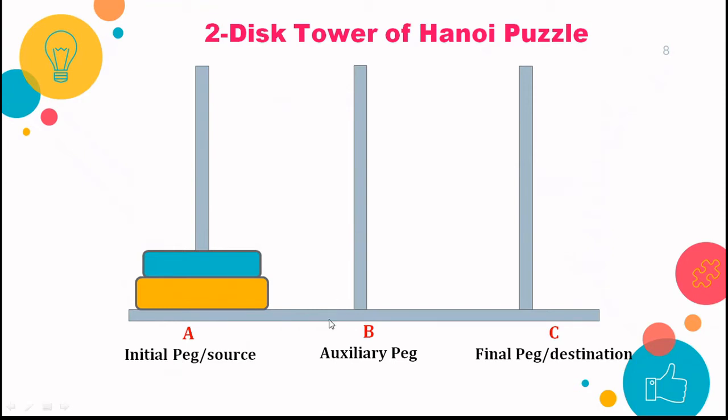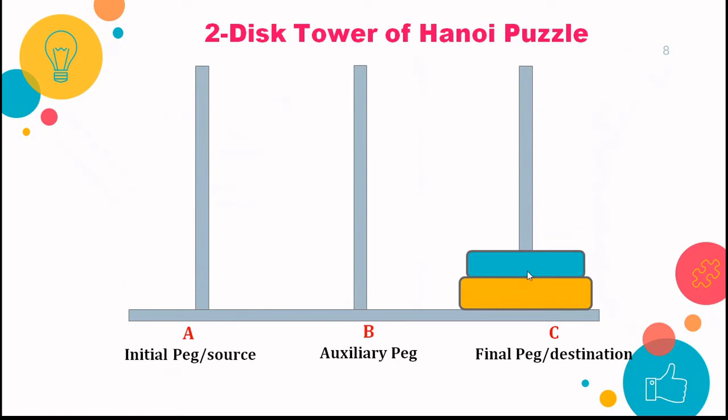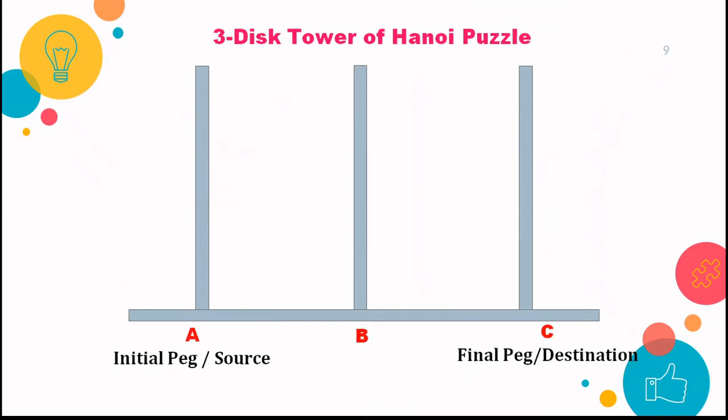So for that we can also use B. So this is an auxiliary peg, right? Now let's start and see how it is going to happen. First of all we will put the blue disc on B, and then the yellow one on C, and there are two steps being done. Then the blue disc will be placed on C. So in this way we saw that the number of steps required was 3.